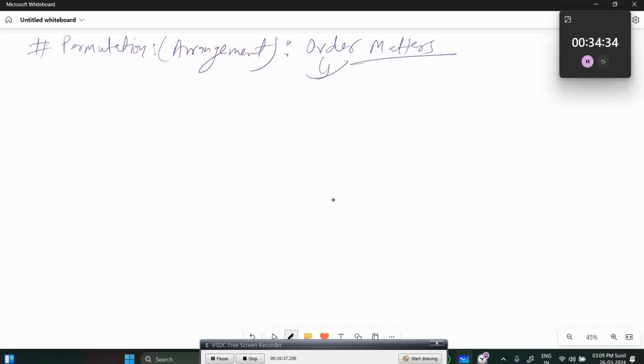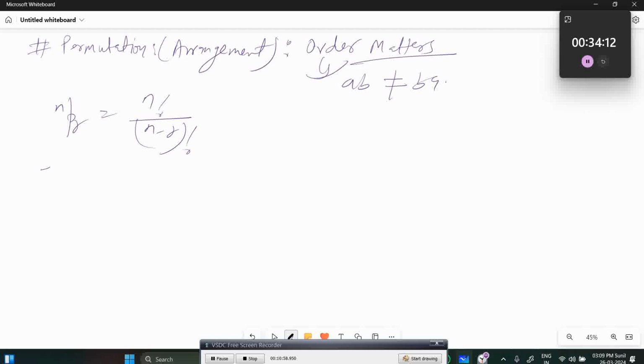Order matters means AB is not equal to BA. For this we have a formula, nPr. We represent permutation with nPr, which is n factorial upon n minus r factorial.